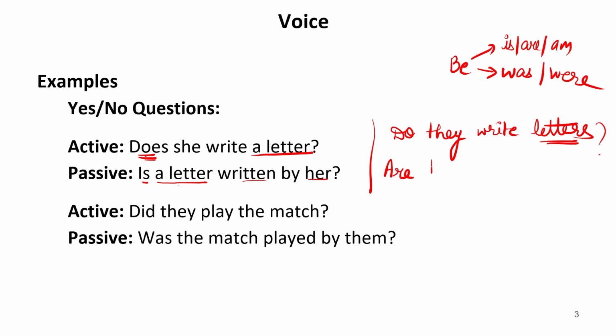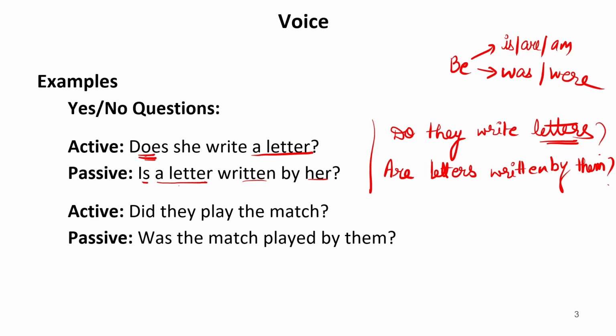So, are the letters written. By has to be followed by the object, so this will be written in the objective case, that is, them. So the correct sentence will be: are letters written by them?